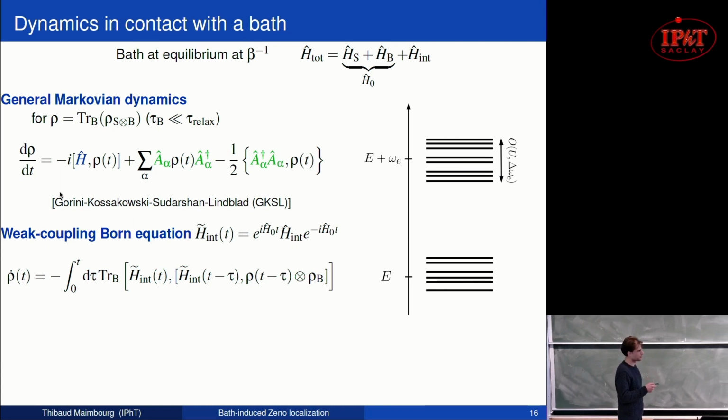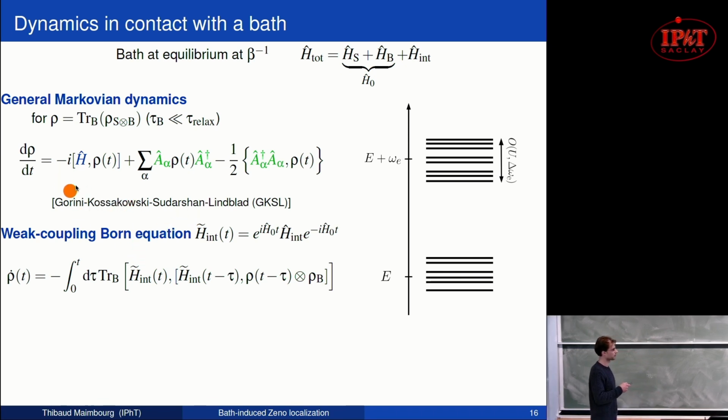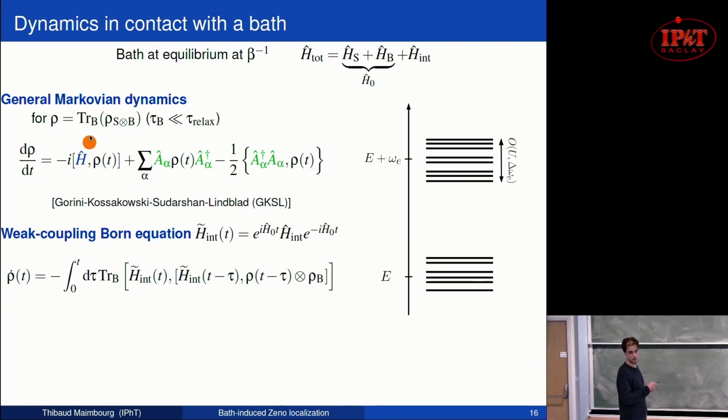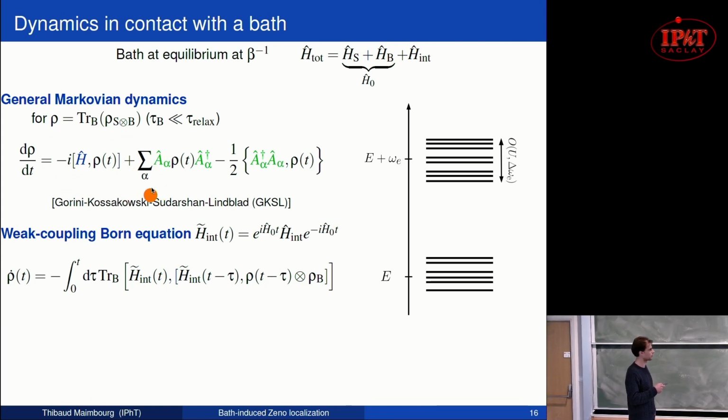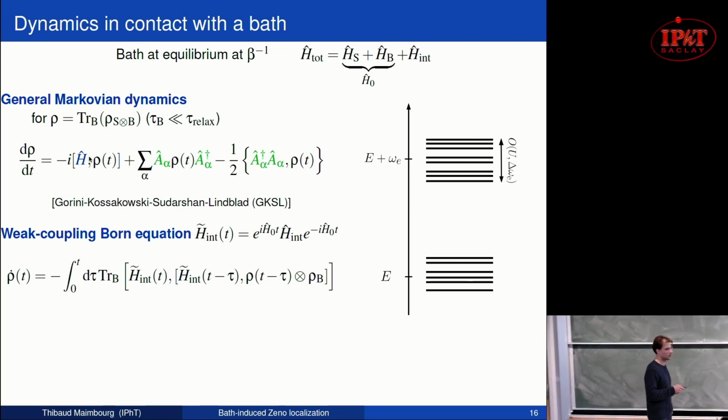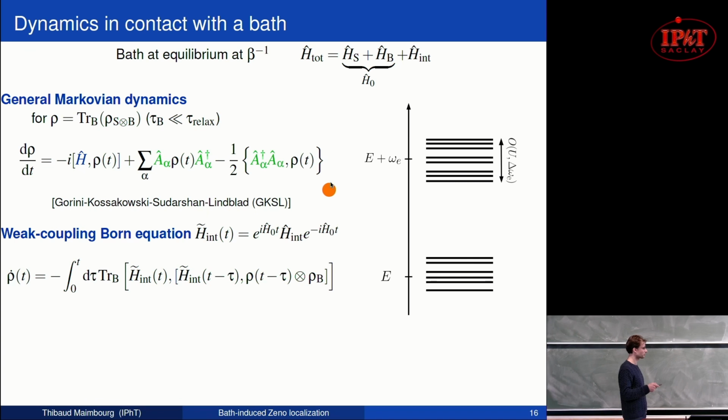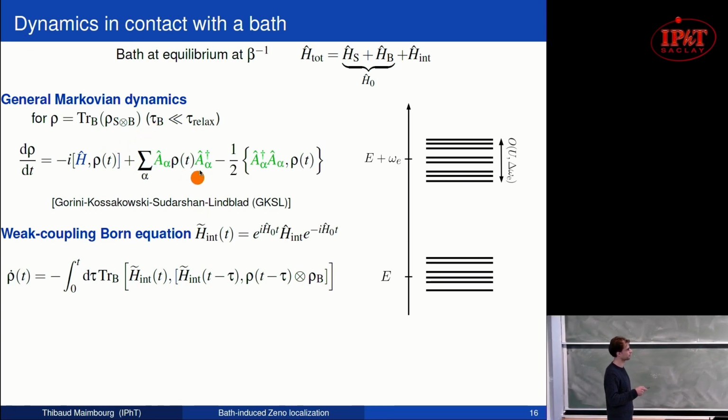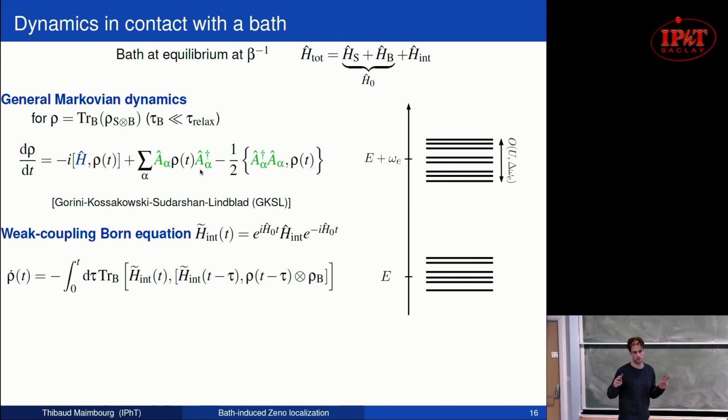If you make this assumption, then you have a theorem that tells you that the density matrix of the spin system, once you trace over the bath, has this Gorini-Kossakowski-Sudarshan-Lindblad form, which is made of a unitary part, like in the Liouville-von Neumann equation, with some Hermitian operator H, plus other terms which are not unitary, composed of those A alpha, which are called jump operators.